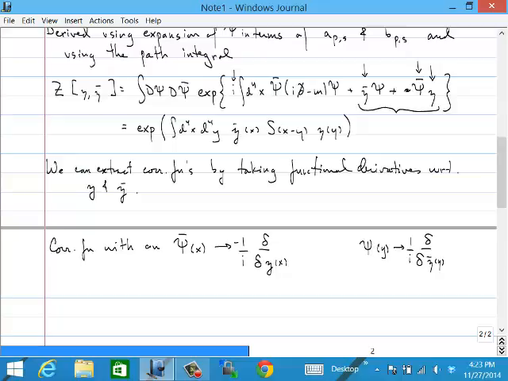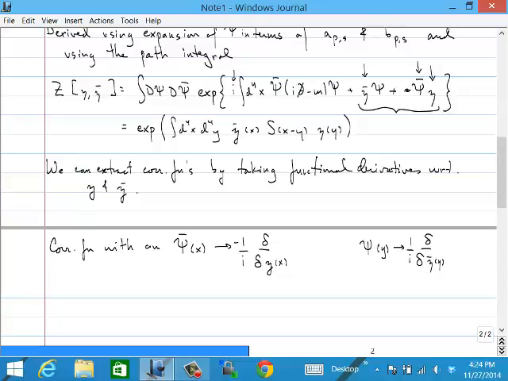So what do you get? Well, for every time you have a psi, you have a 1 over i d by d eta bar, so eta bar at x1, and then you have a 1 over i to compute this psi bar with an eta at x2. I'm just writing subscripts on these etas to keep the notation a little simpler.